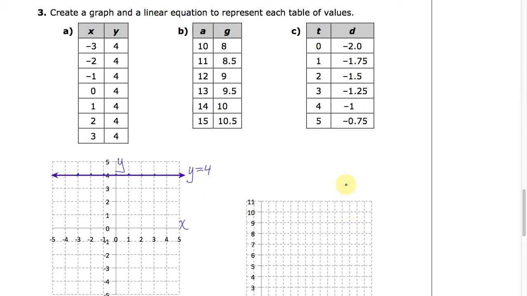And when I look at relationships between variables, typically I look at the dependent variable first, and I ask, how is this one changing? And you can see that each step we go along here, we are increasing by 0.5 each time.